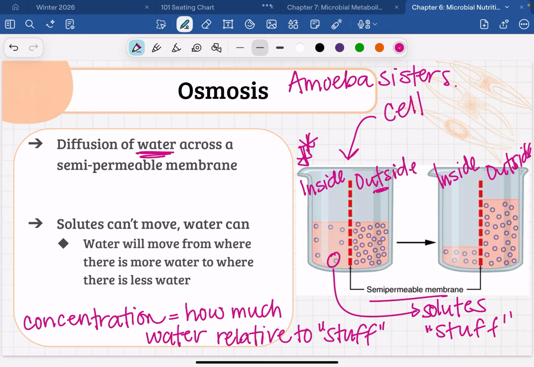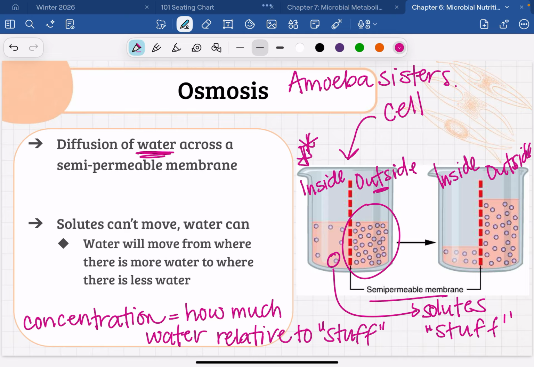There's more water than stuff. And on the outside of the cell, you have less water than stuff. Okay, there's about equal amounts of pink liquid to purple stuff. So what is going to happen is, because the only thing that can move in this scenario is the water, where do you have more water? We just said it.